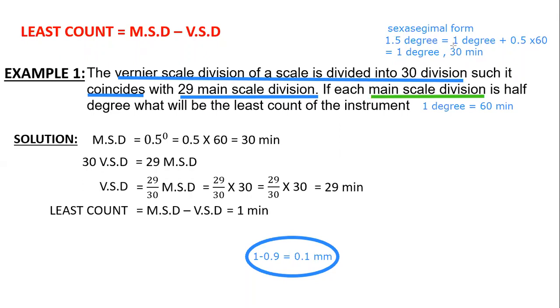In this step, I substituted the MSD value. In the first step, you got it as 30, right? So MSD is substituted as 30. Don't get confused on that. Then you can say 30 got cancelled, and your answer is 29 minutes. Okay, sir. Thank you, sir. You're welcome.